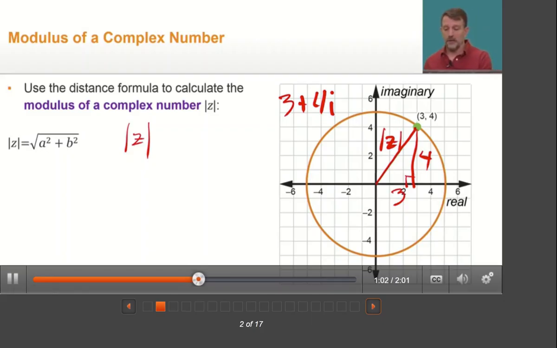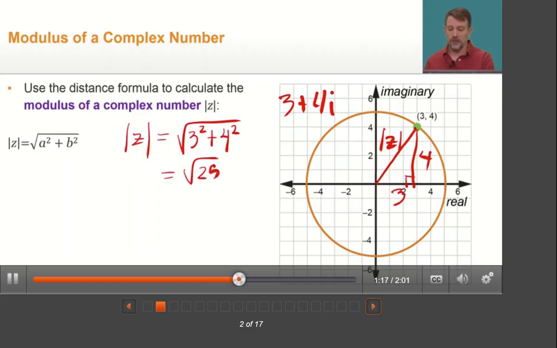By the Pythagorean theorem, we know that if we take each of the legs and square them, add them, and then take the square root, we'll have the length of the hypotenuse. So in this particular case, the absolute value of z turns out to be 5. Thus, the modulus of the complex number is 5.